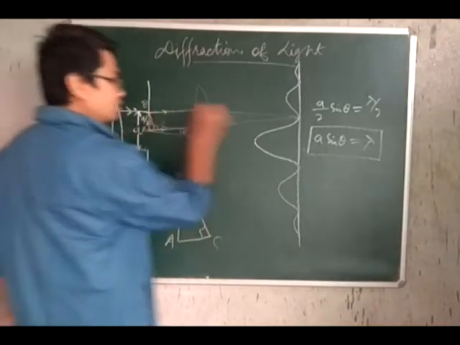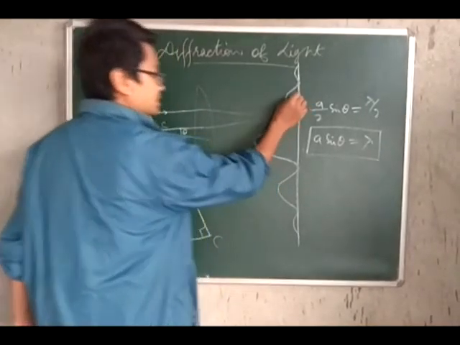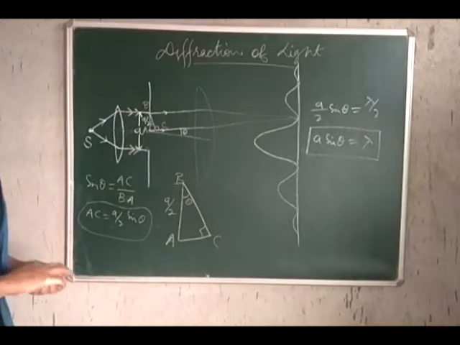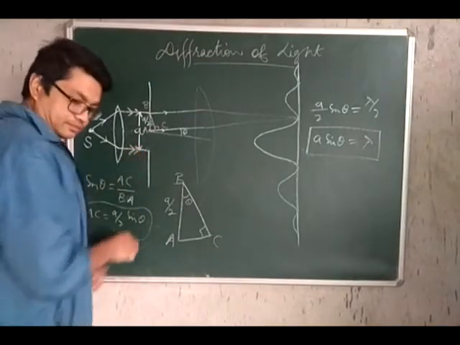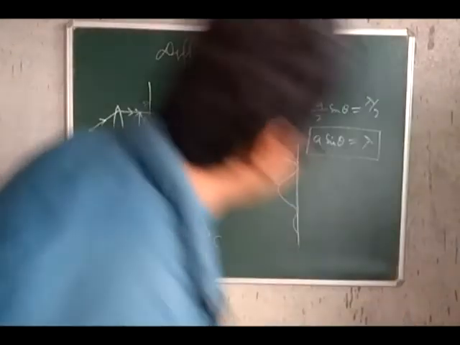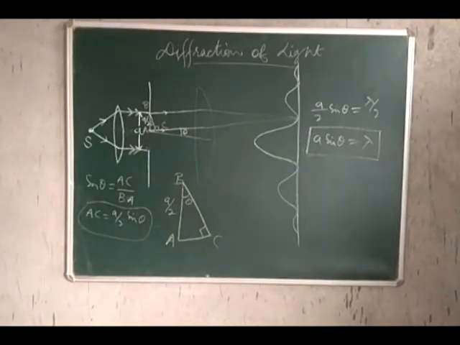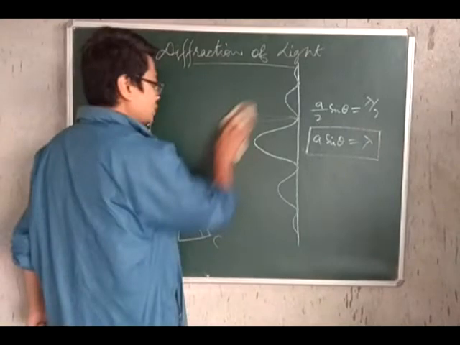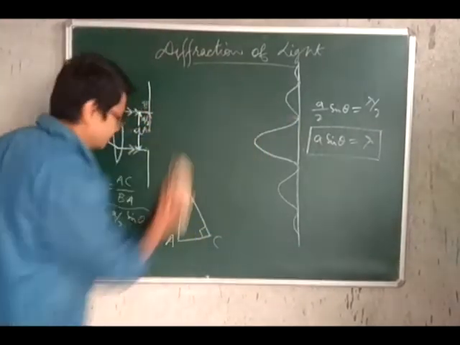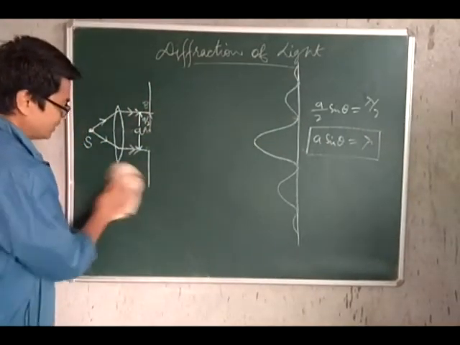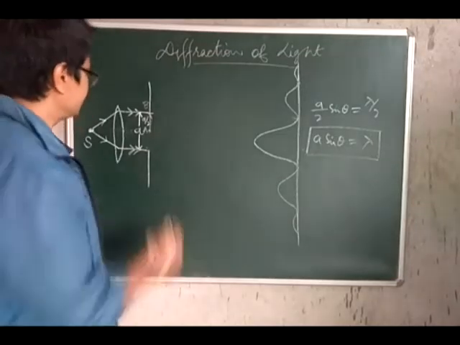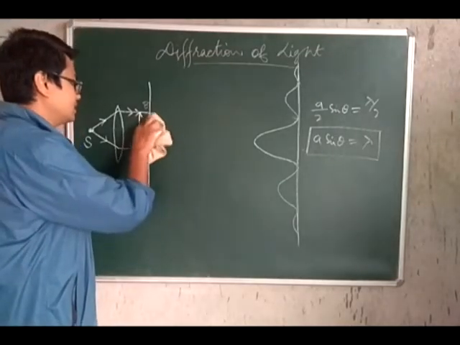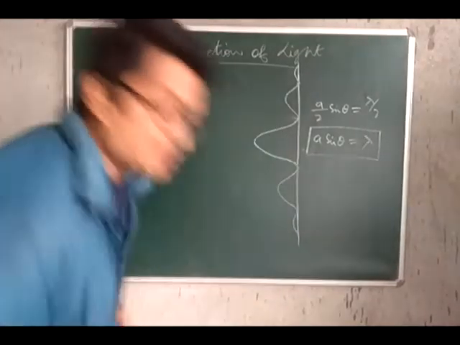Okay, now we want to see how we get the first maximum. For the first maximum, let me erase this picture now. In order to get the first dark fringe, we divided the slit into two equal halves having length a by 2.